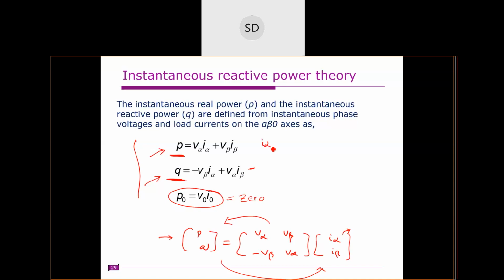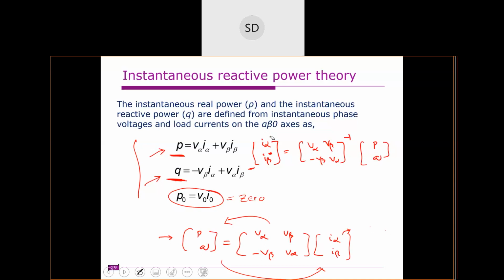So it will be I alpha star, I beta star, because it is our reference current. So if you go from this side, it is the inverse of V alpha, V beta, minus V beta, V alpha, into these powers P and Q.